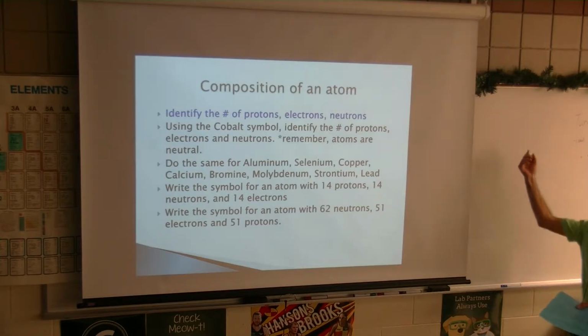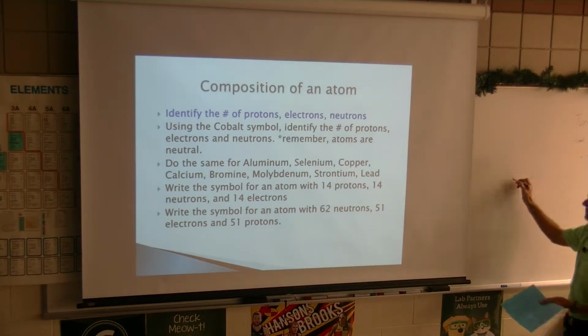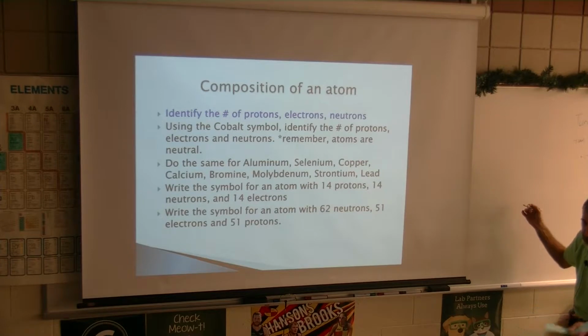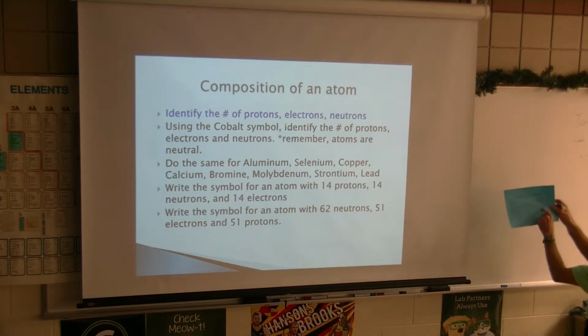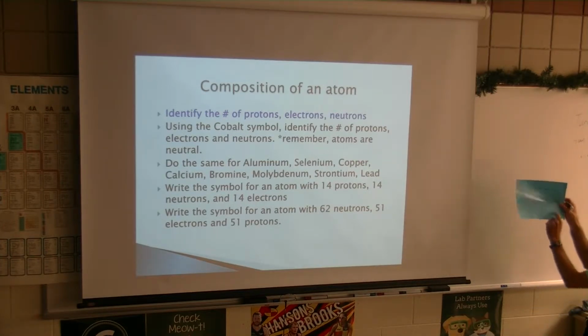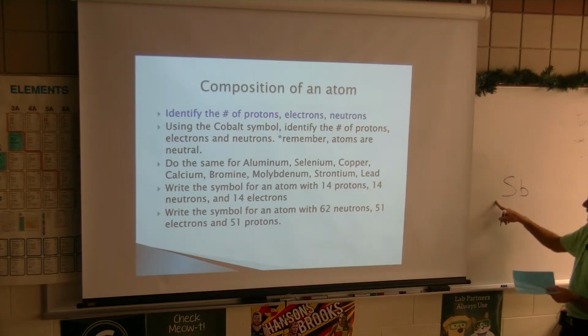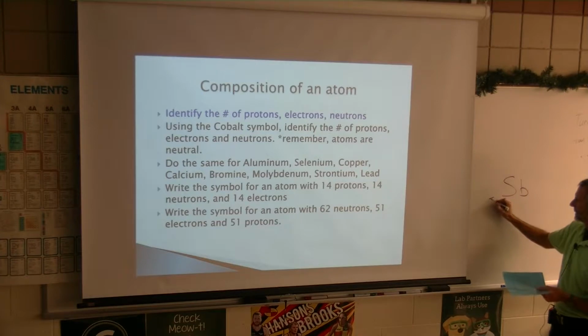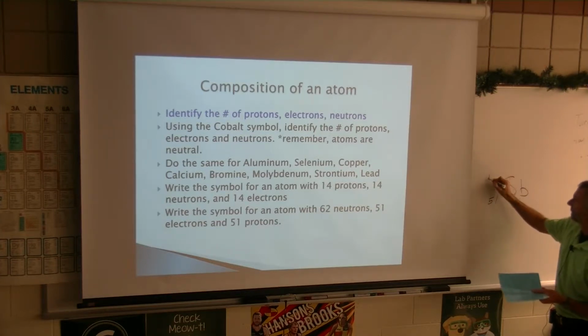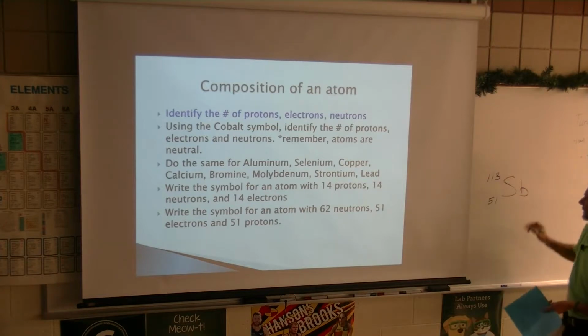Okay, what symbol do we have? 51, what is it? Sb, antimony. Okay, what goes down here, bottom left? 51. What goes on top? 113.